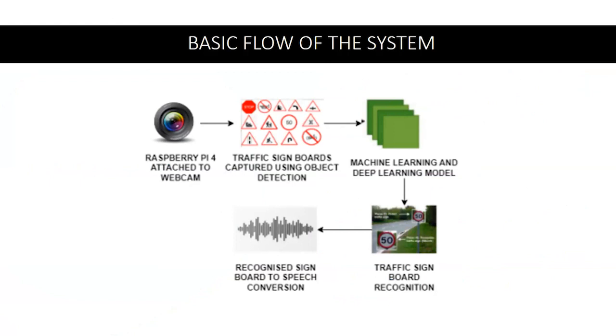And after that, we have created a file simultaneously, according to which it will convert it into sound. Like if it is a 50 kilometer per hour sign, it shows that the speed limit is 50 kilometer per hour, and that would be converted into audio, and through the car's audio system it would be there for the driver to hear. So this is the basic flow that we have followed over here.